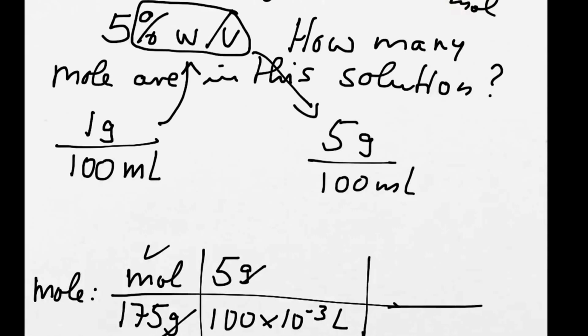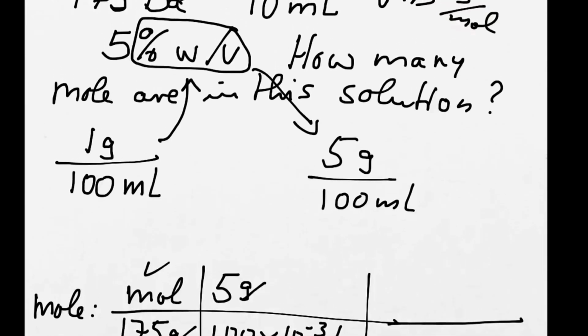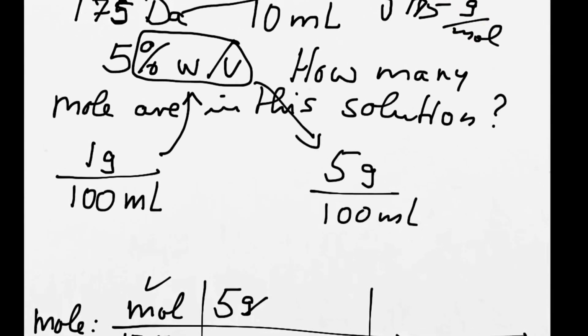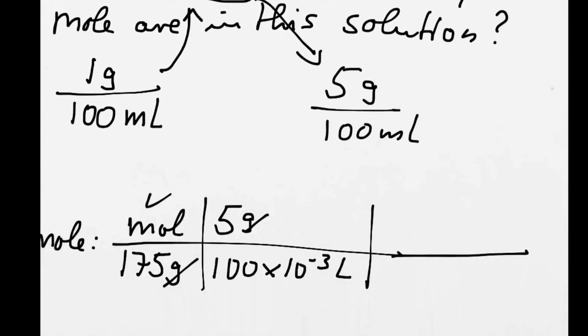But we've got the liter left. Do we have liters anywhere? Where? 10 milliliters. So we have 10 times 10 to the minus 3 liter. And you see the liters cancel out. Hasta la vista.